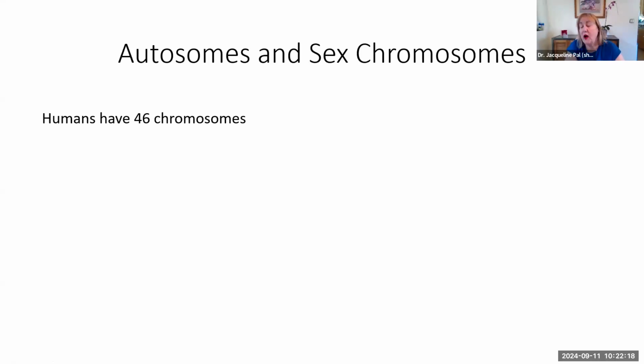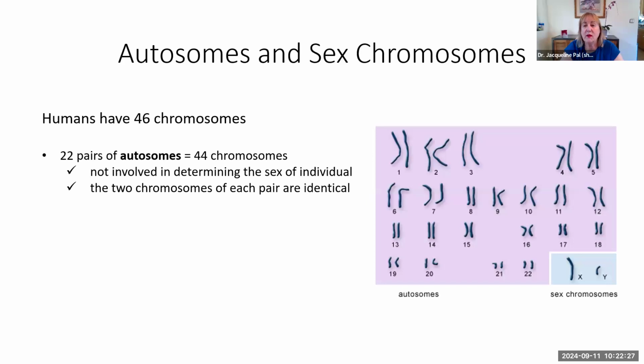So, as you probably know by now, humans have 46 chromosomes, or what we say 23 pairs of chromosomes. Out of those 23 pairs, and here's an example of a karyotype of somebody in a cell, somebody's 46 chromosomes. Here in the pale lilac background, you can see 22 pairs of what we call autosomes.